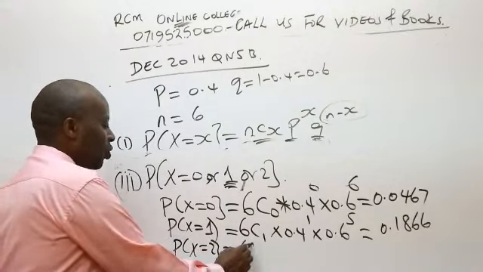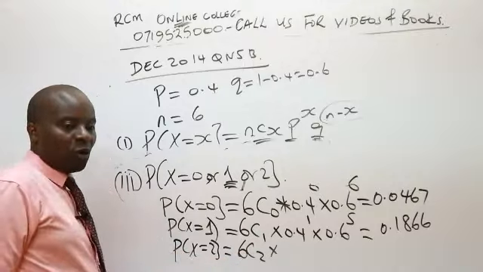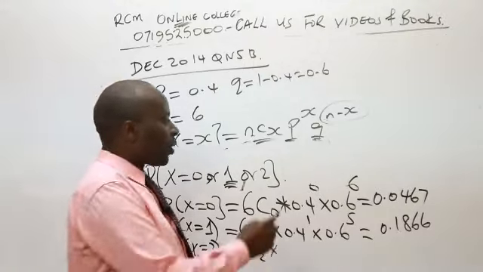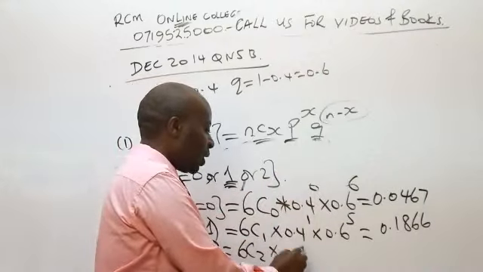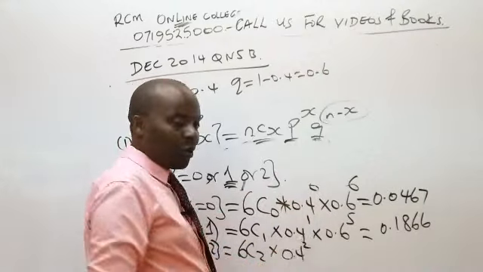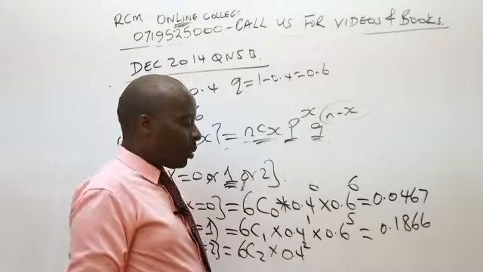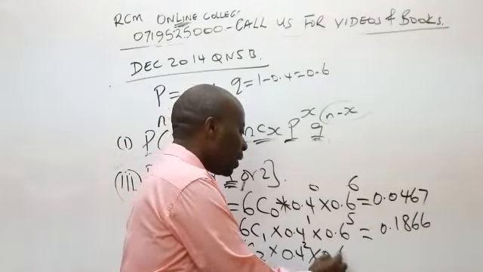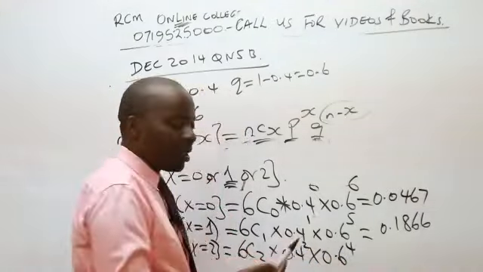And then we have the probability of X being equal to 2. So this will be 6 combinations 2. I hope you are able to follow. We have the probability of success, which is 0.4 raised to power 2. And 0.6 this time will be raised to power 4, given the concept of balancing.